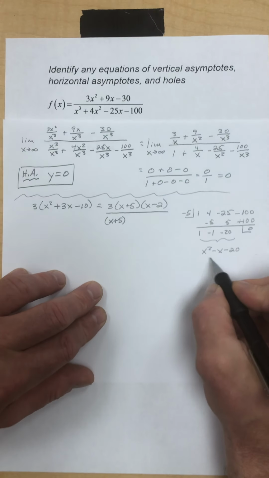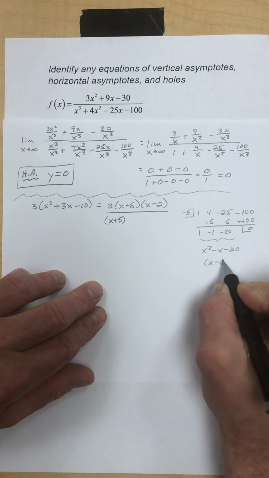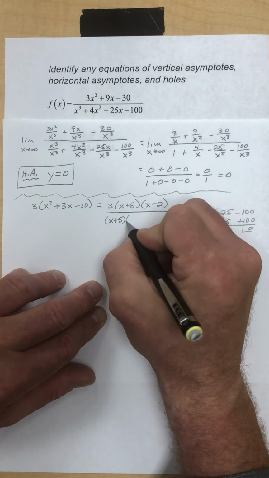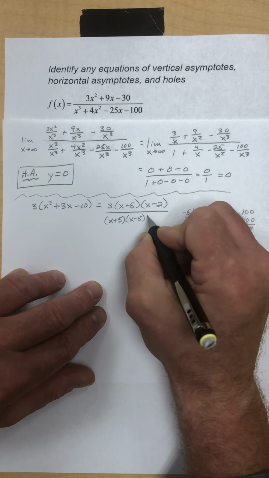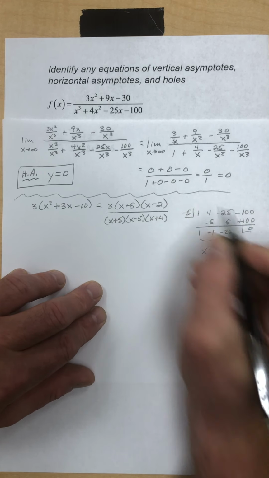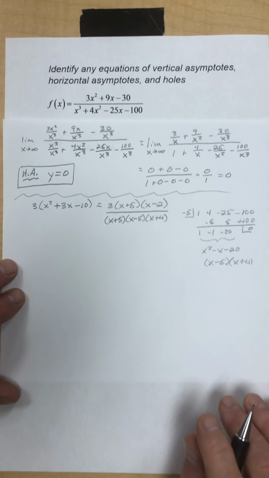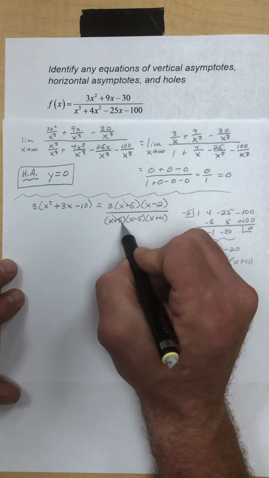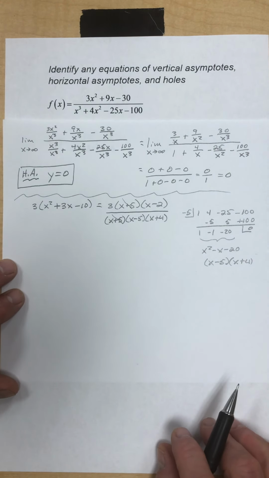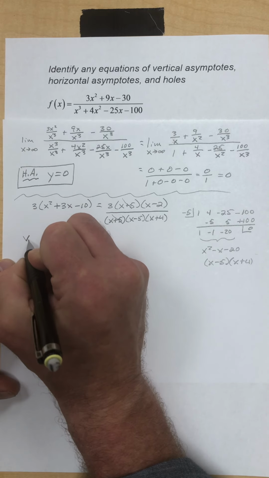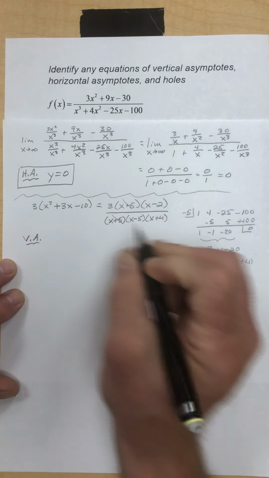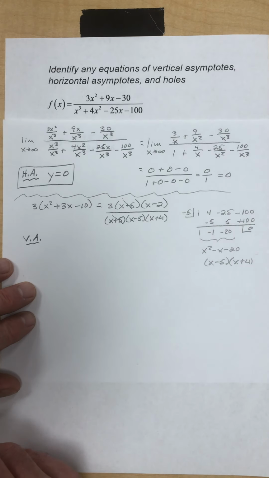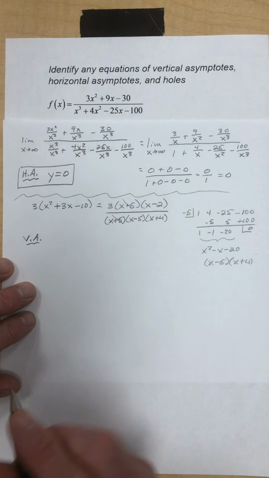Then this factors into x minus 5 times x plus 4. Notice that the x plus 5s cancel off, so I don't have a vertical asymptote there. I do have vertical asymptotes at x equals 5 and x equals negative 4.